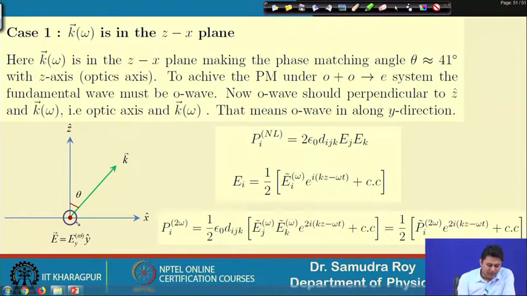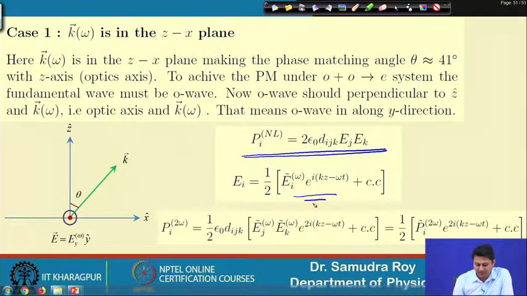Here if you see that this is z, and k is in this plane. So, if it is perpendicular to both, then the E has to be in the y direction, which is perpendicular to this plane. So, now we know my P nonlinear is this, where E is this, P2 nonlinear is represented by this, where half of P these things, I just write the old equation here, but the orientation of the k is important.